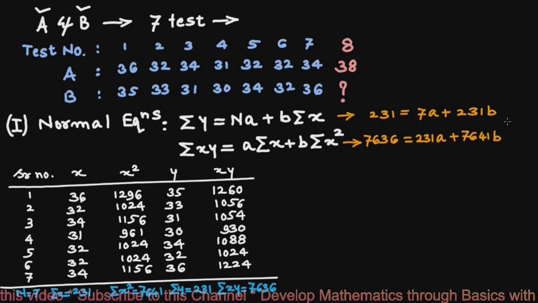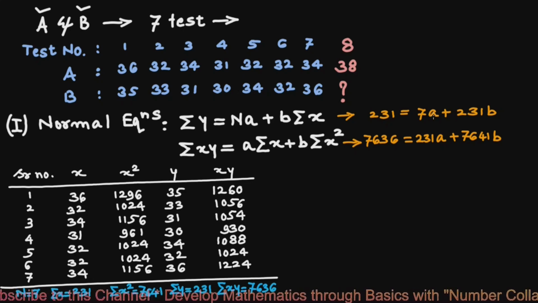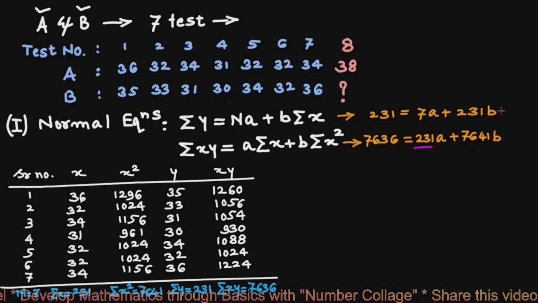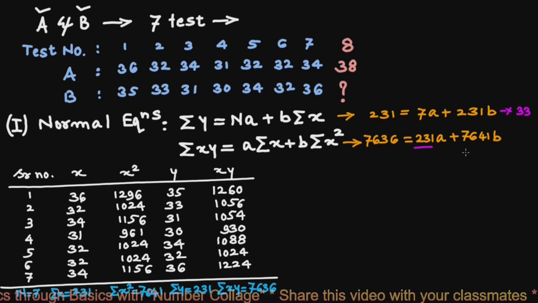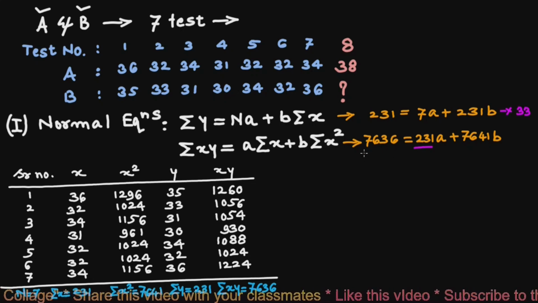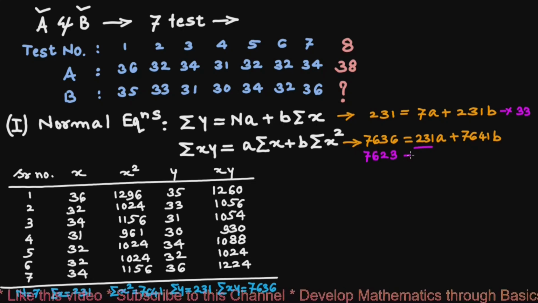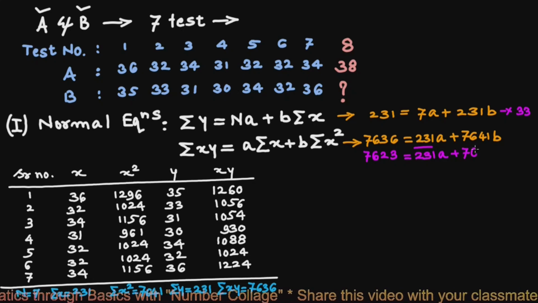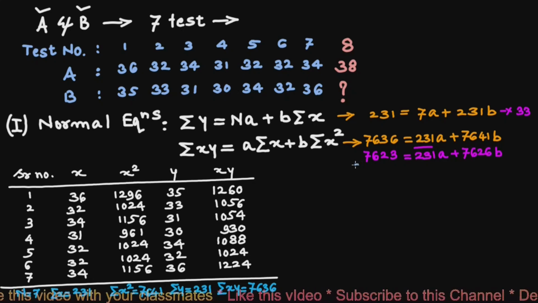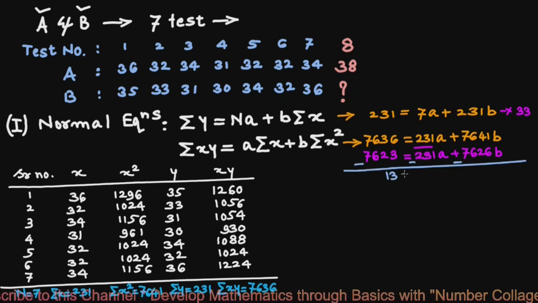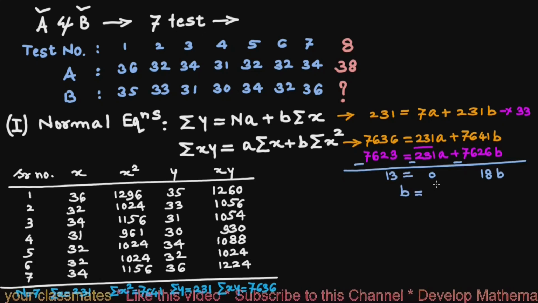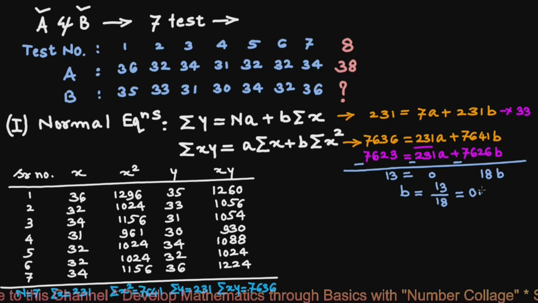In order to make the coefficient of a the same, that is 231, we will multiply the first equation by 33, and right here it will be 7623 equals 231a plus 7626b. After subtraction we get 13 equals 18b, that gives b equals 13 by 18, 0.72.